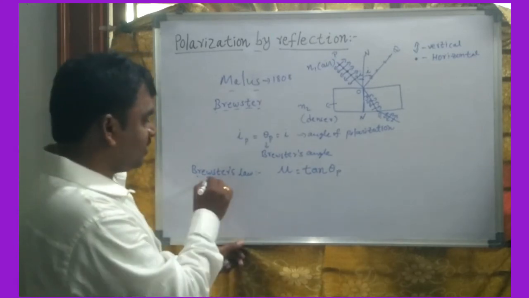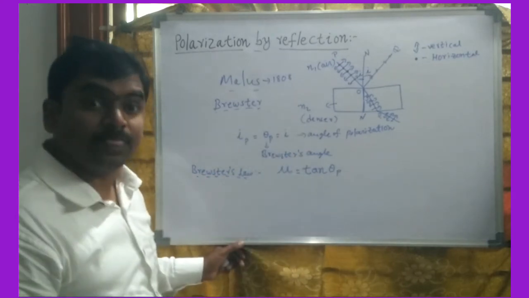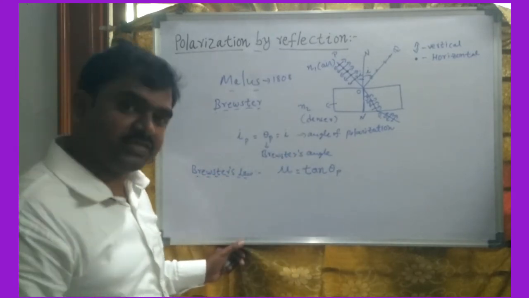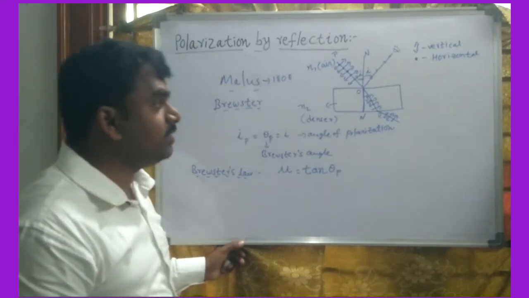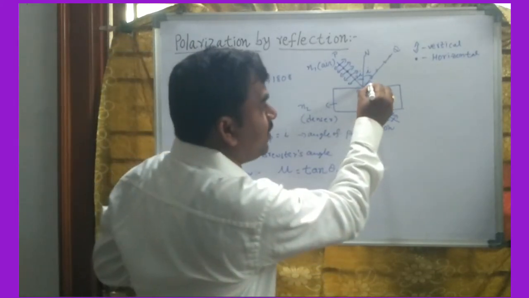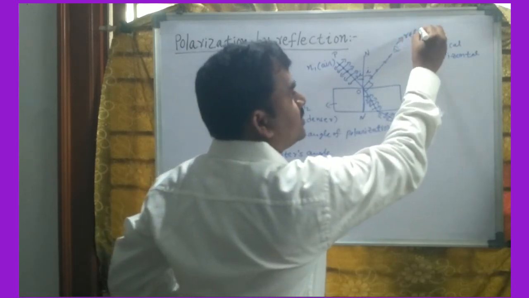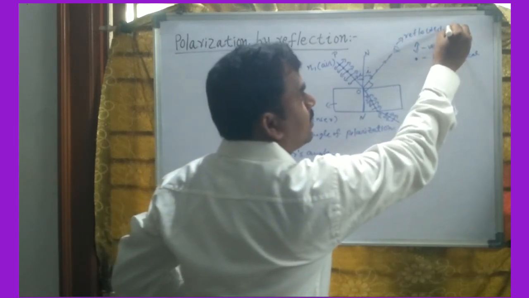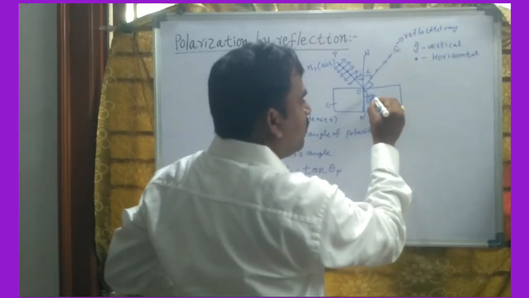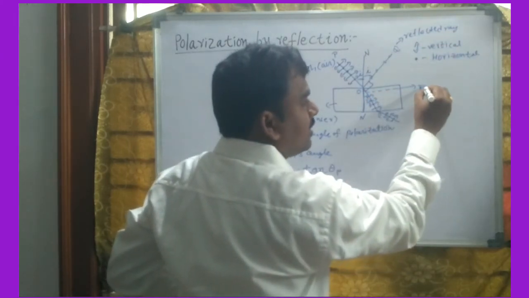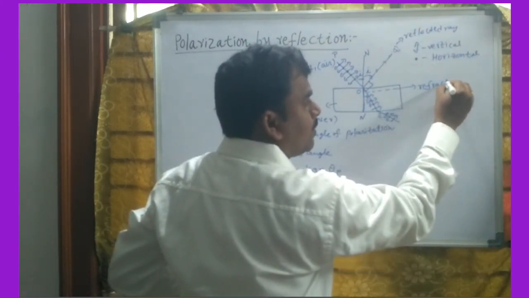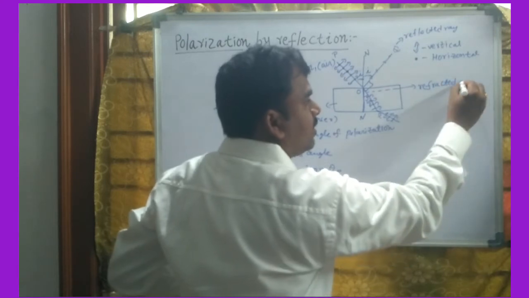That is called Brewster's law. He also explained one more thing. This is the reflected ray, and this is the refracted ray.